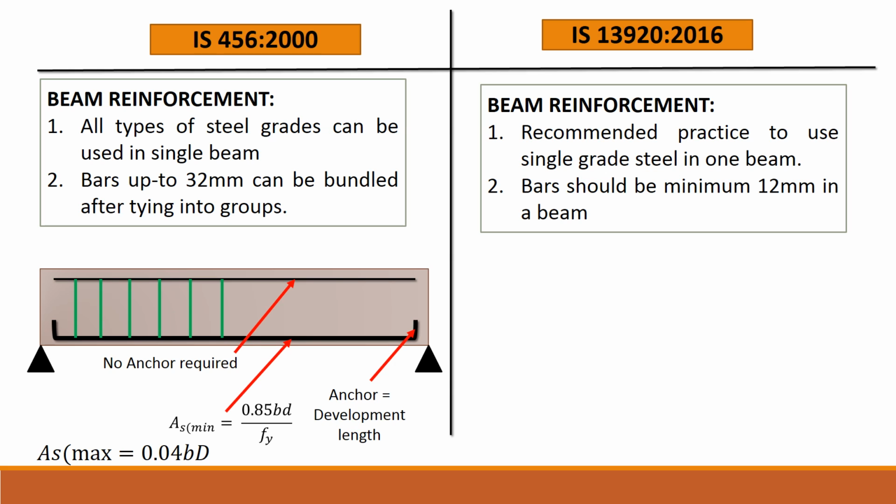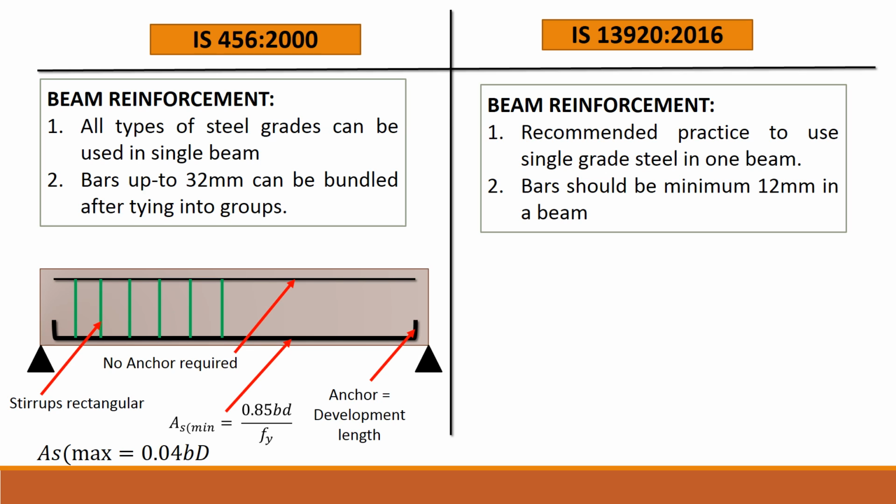If it's a doubly reinforced beam, one can anchor the bar just like the tension bar. But if it's not a compression reinforcement, there is no requirement of back anchoring into the body of the beam at 90 degrees.